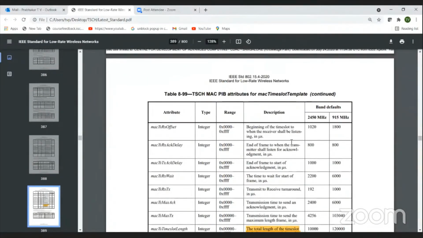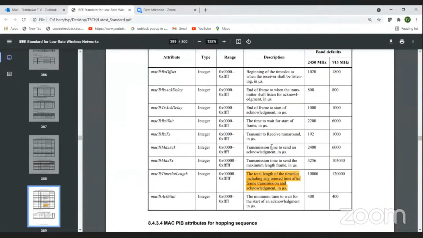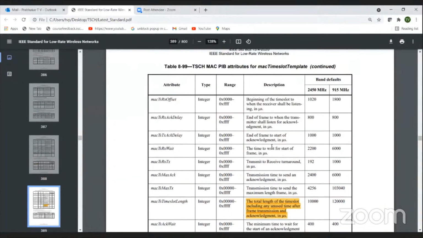So you can go and look up other attributes also. Your MAC time slot template ID is a continuation of all the terms that we refer to. MAC TS RX offset. What does it mean? Beginning of the time slot to whenever the receiver shall be listening, in microseconds. MAC TS RX ACK delay, again one more cryptic term: end of frame to when the transmitter shall listen for acknowledgement, in microseconds, and so on.